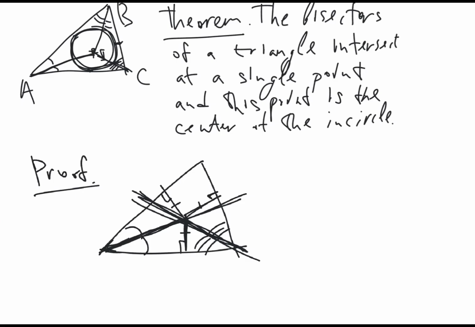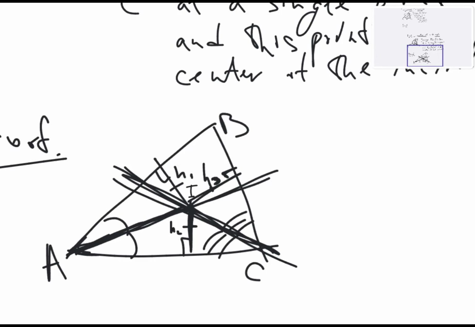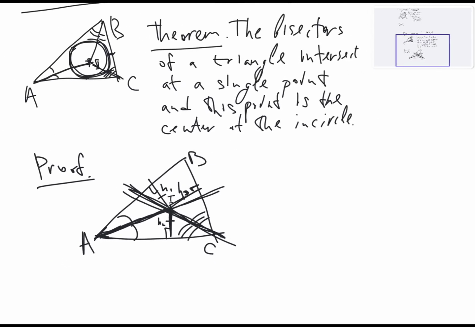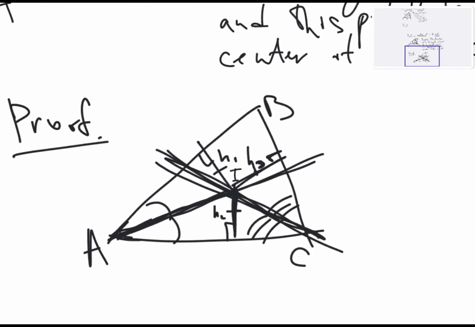Let's denote these distances as h1, h2 and h3, for sides A, B, C. We don't yet know if this point is the center of the incircle, so it's not good to denote it by I. Let's denote it by X, the intersection of these two bisectors.